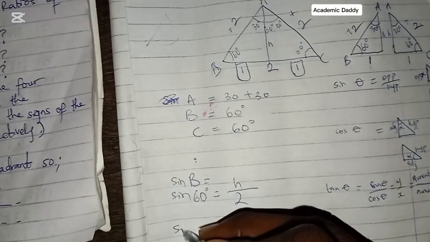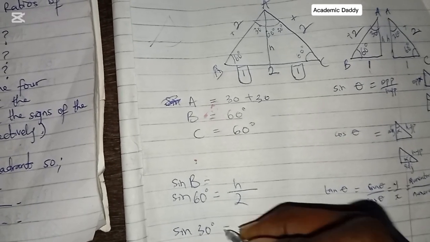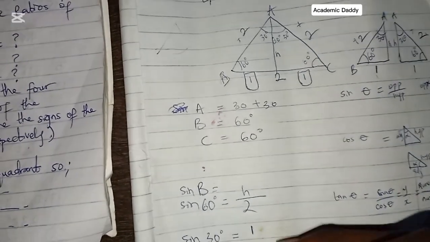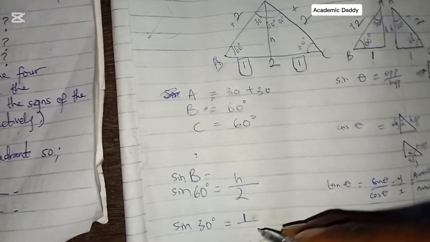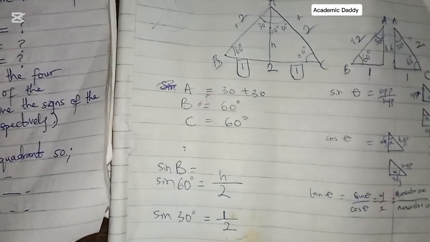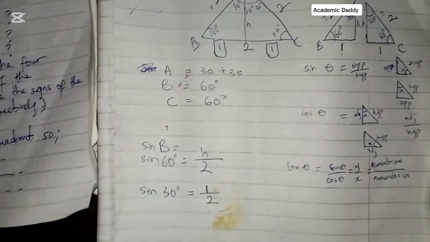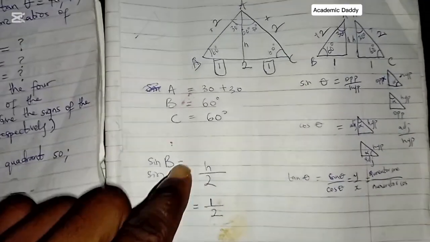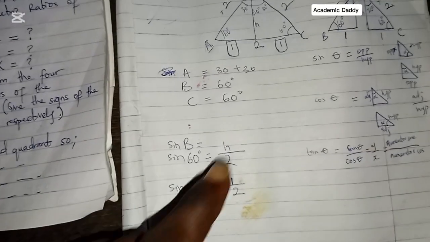So for sine 30 degrees, I'm going to have opposite is 1 all over 2, half. Notice that this one is still having h this way.